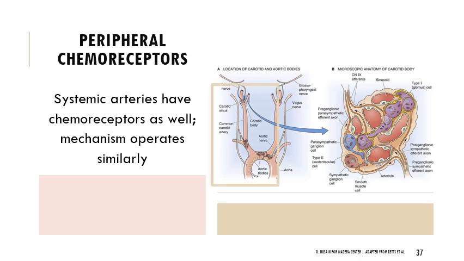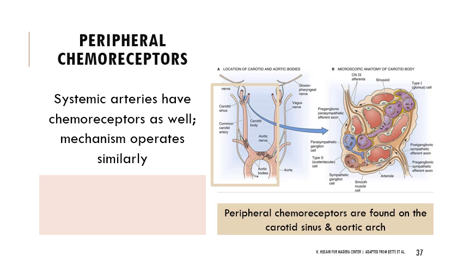They are found on, as indicated here, the aortic arch and the carotid sinus. You can see the aortic bodies indicated here, where the peripheral chemoreceptors are, and then on the carotid sinus you can see that indicated as well.